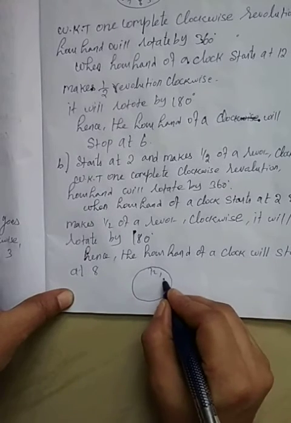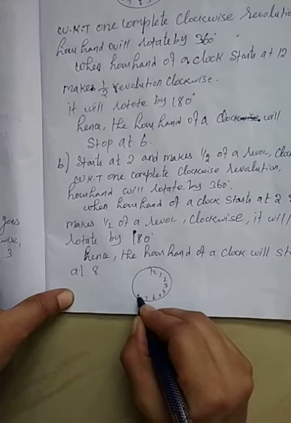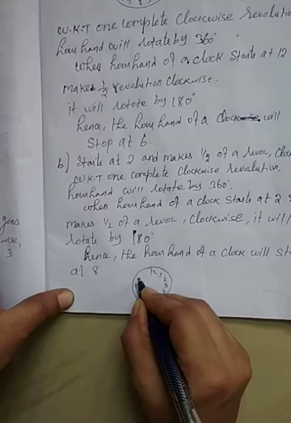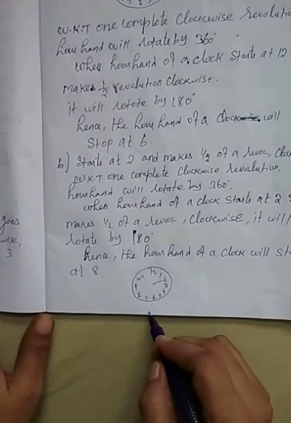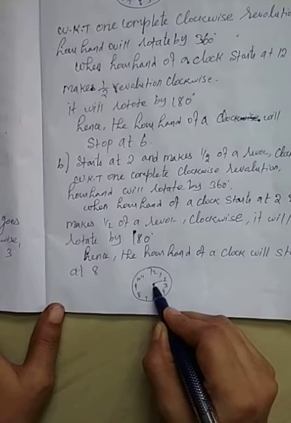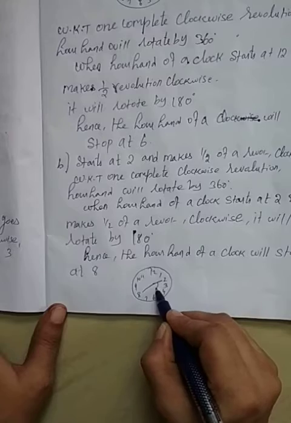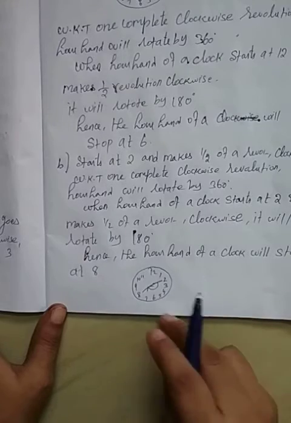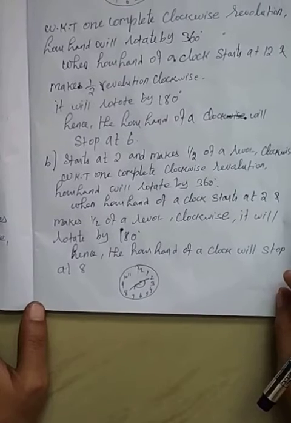This is 12, 1, 2, 3, 4, 5, 6, 7, 8, 9, 10, 11, starting at 2. Half revolution means 1, 2, 3, 4, 5, 6. So 2 to 8 clockwise. You can put an arrow mark. Everybody clear?